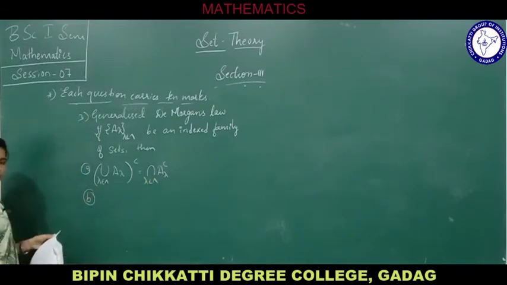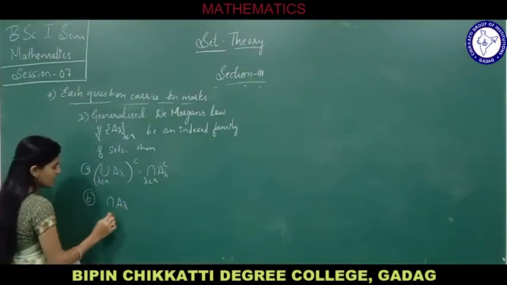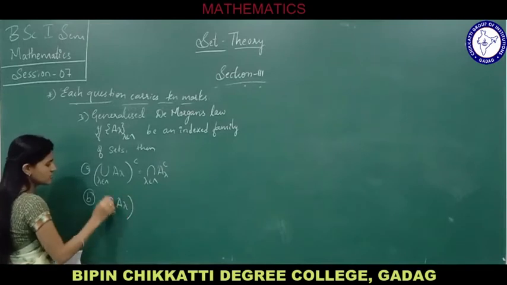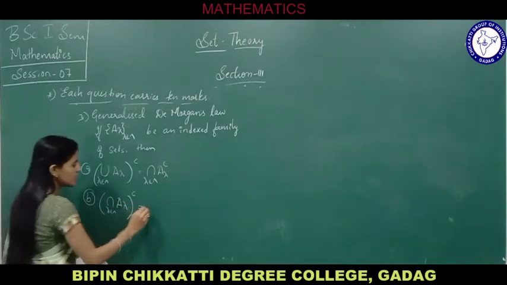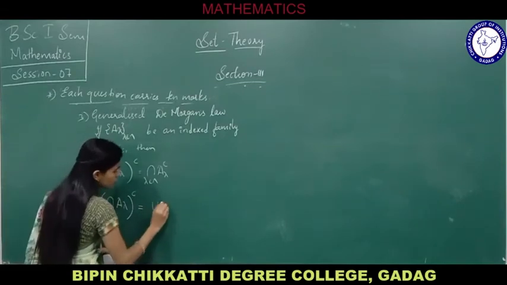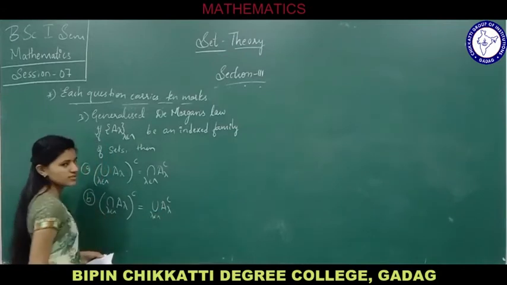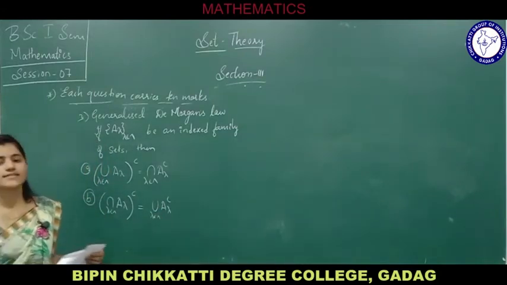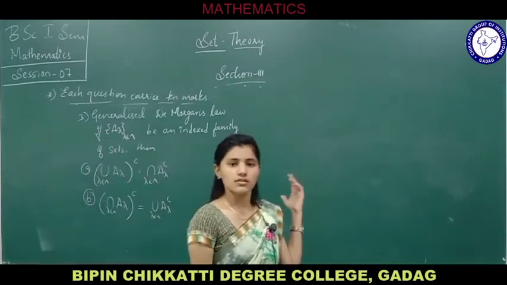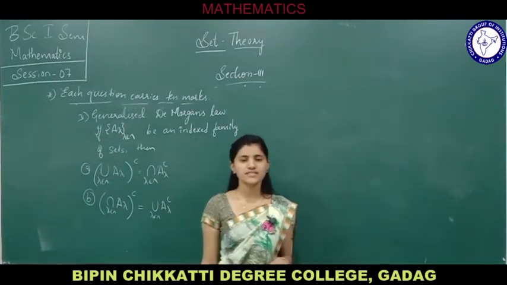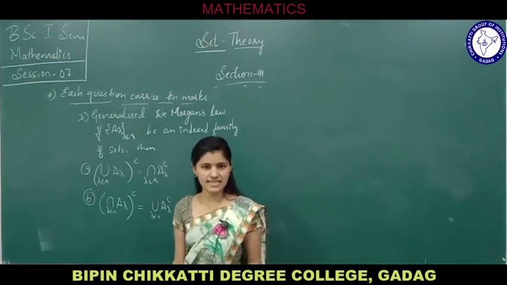Again, one more proof was: the intersection of A_lambda, where lambda belongs to the index set, its complement will be equal to the union of A_lambda complement, where lambda belongs to the indexed set. This is the generalized De Morgan's law, which will be asked for 10 marks. We have already proved this in our regular classes. Now you had better glance at it yourself.